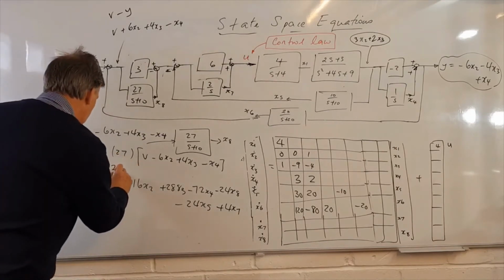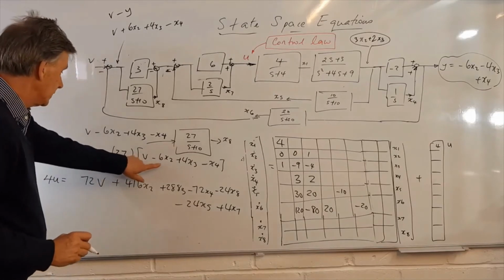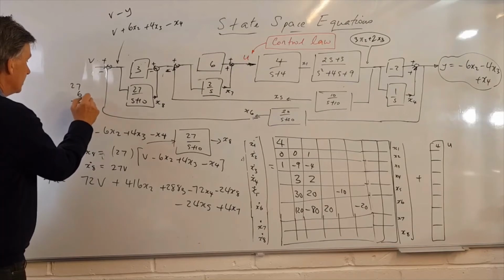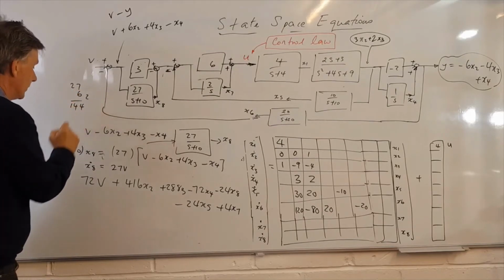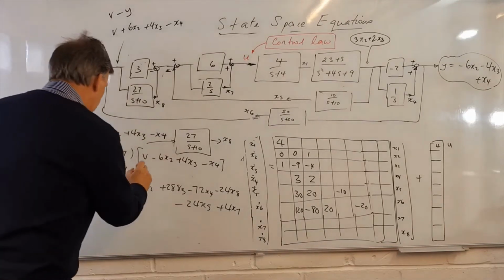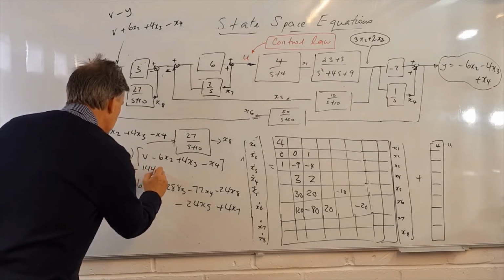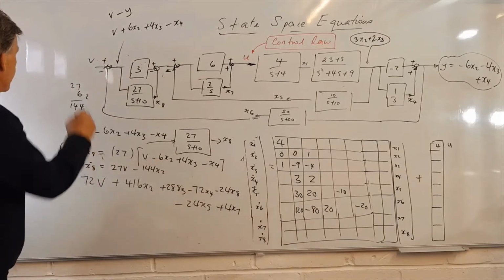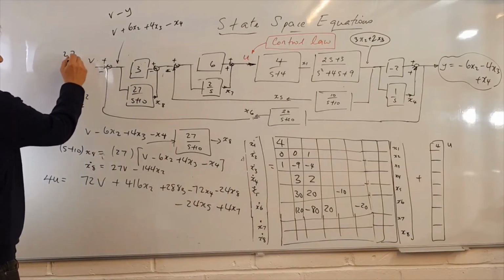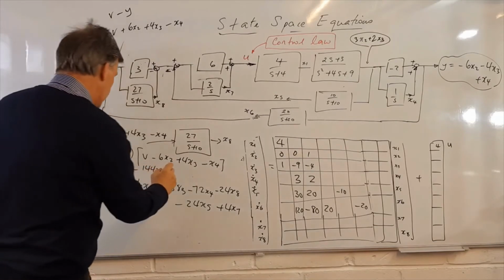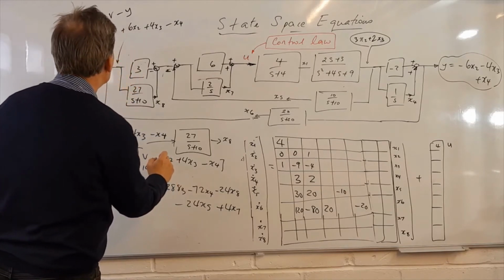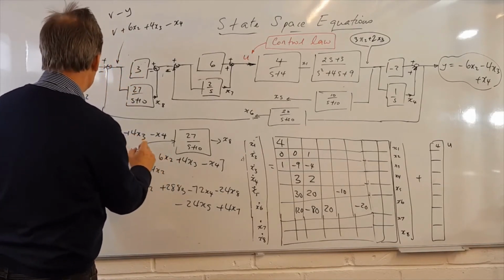So we'll get x8 dot equals 27v. Then we've got 6 27s, so that'll be minus 144x2. Then we've got 4 27s, so that's going to be plus, so it's a sign wrong there, isn't it?